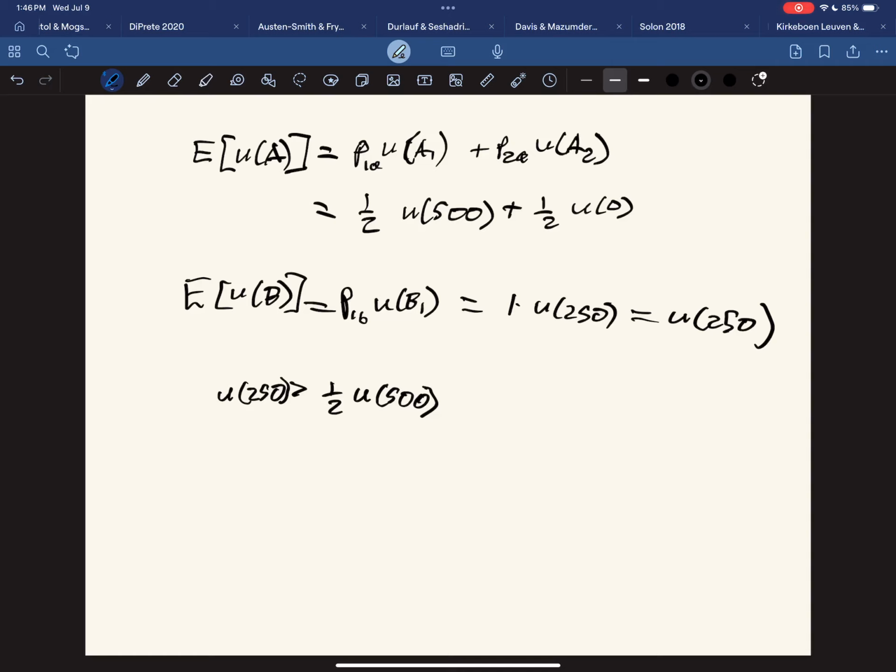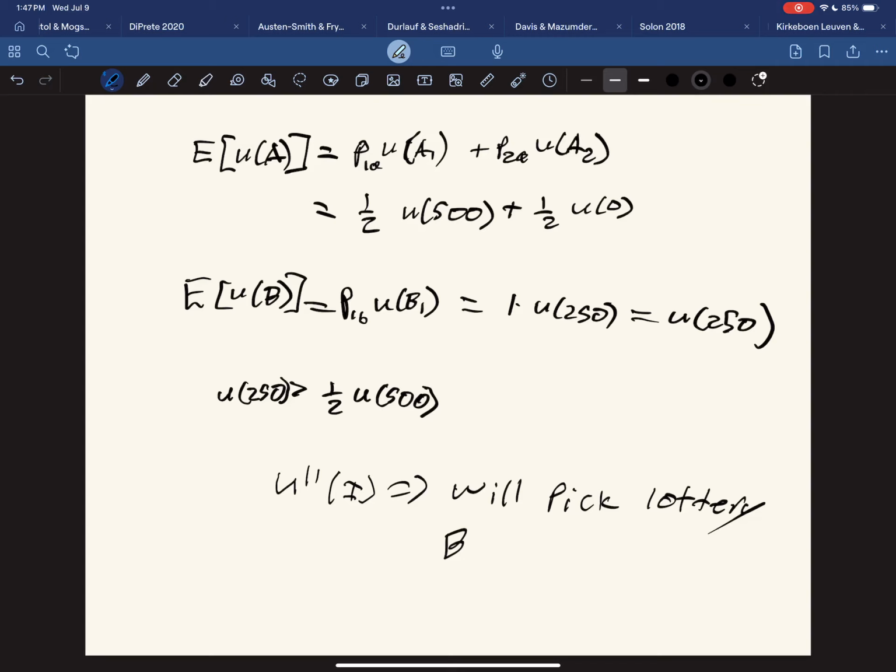So the utility you get from a guaranteed 250 is higher than the utility you get from a 50% chance of $500. So this is expected utility, and expected utility predicts that somebody who has decreasing marginal returns to income will pick lottery B. Okay.